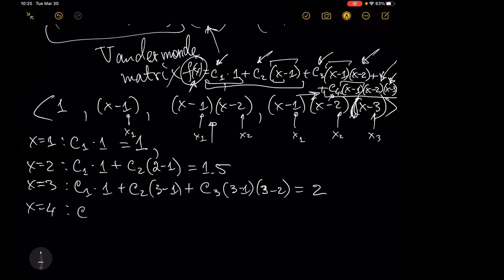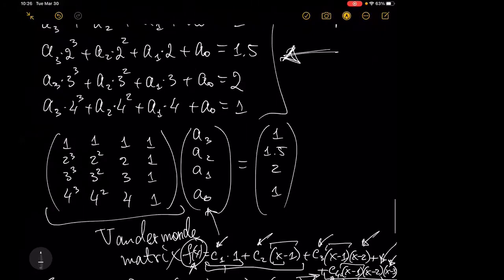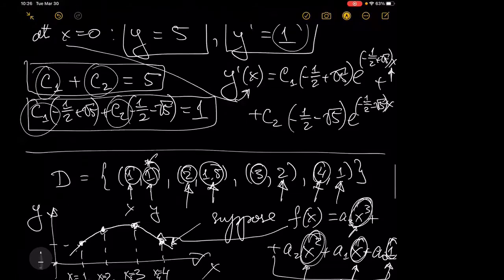And the last one has to be equal to 1, because my data set has 1 here, 1.5 here, 2, 1, right?